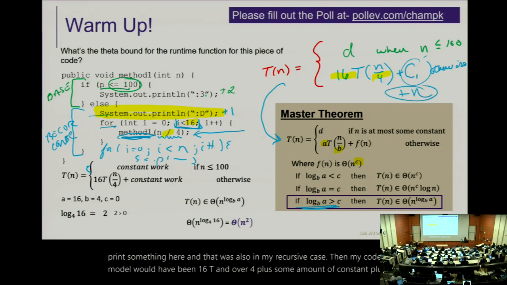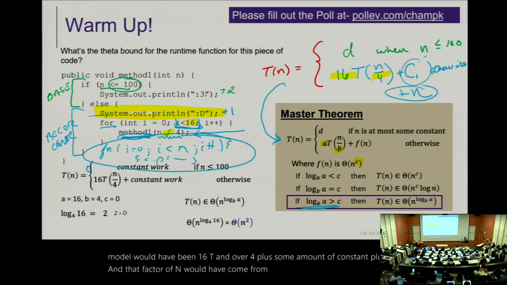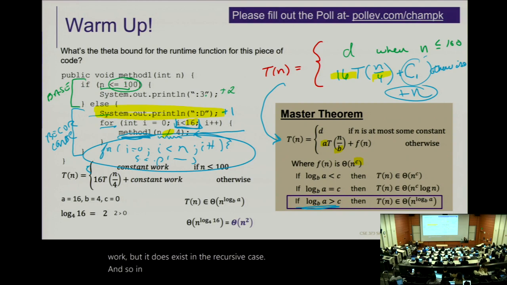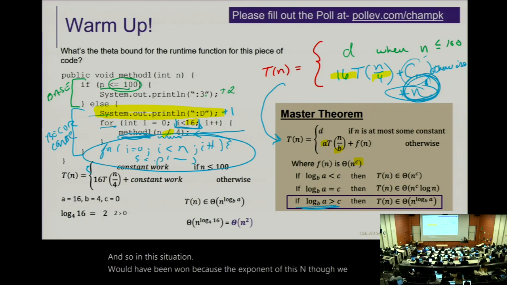And that factor of n would have come from this loop, which is not recursive work, but it does exist in the recursive case. And so in this situation, C would have been 1, because the exponent of this n, though we don't write it, is technically 1.